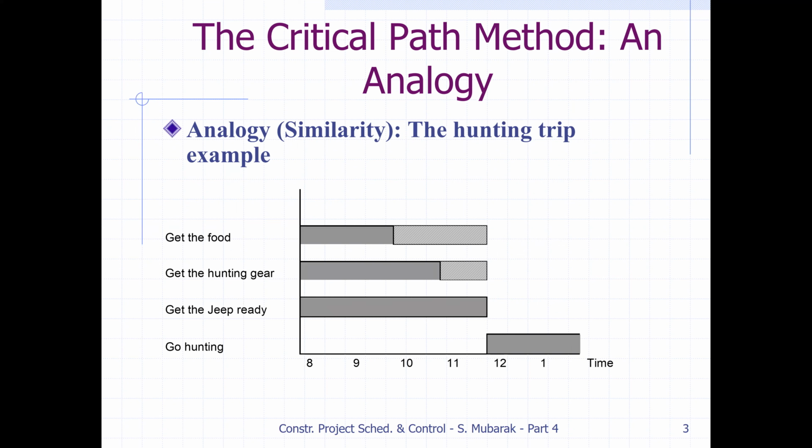Maybe you get the food or the hunting gear that you use for hunting, and then you get your jeep ready and go for hunting. Now some activities will start early or they will have float. All these things are not clear, but when we put them in the network schedule, we will get the critical path. Then we will know what activity we should start first, and we should follow the critical path.